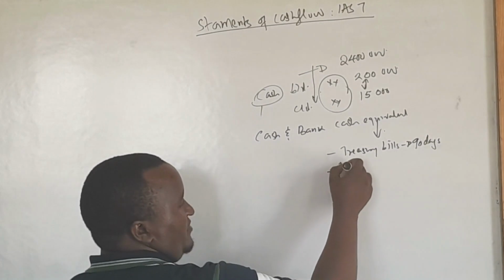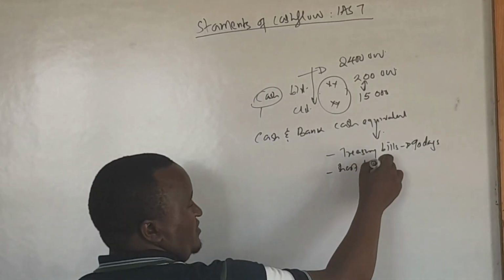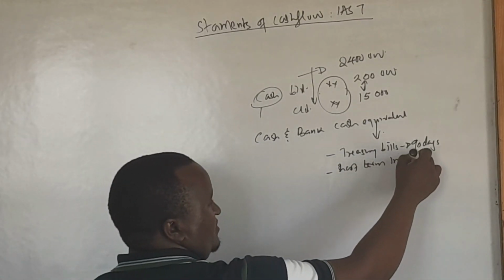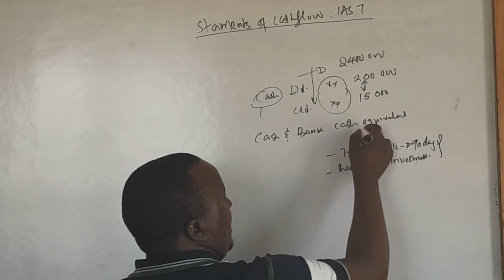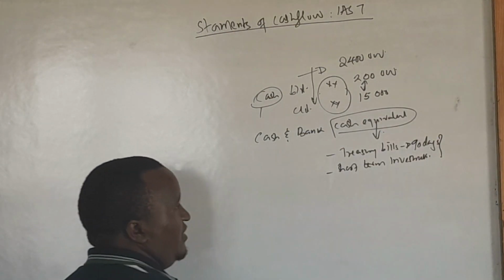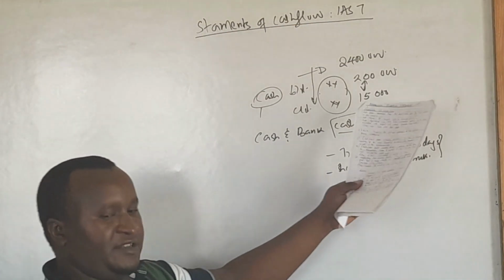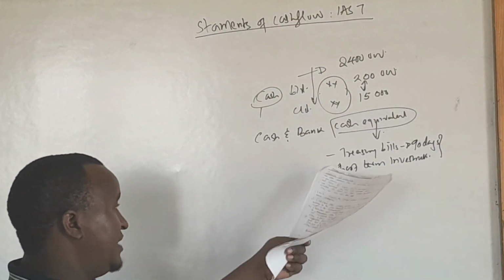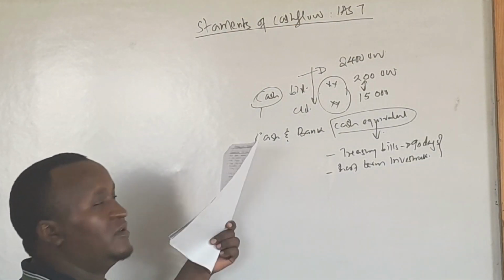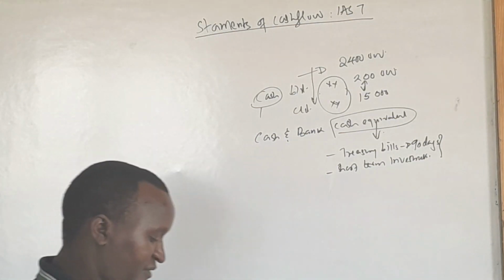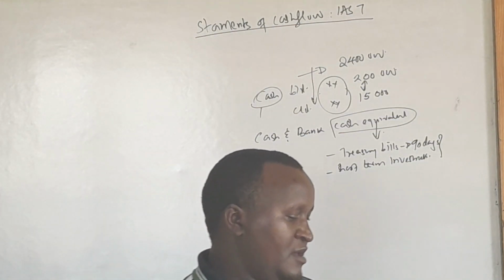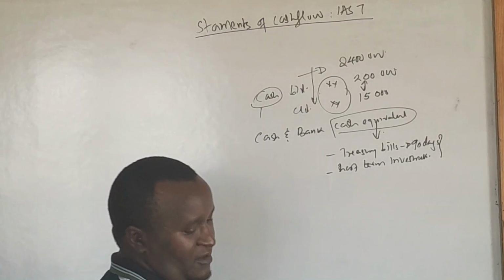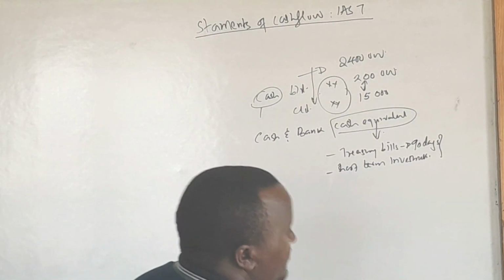This is what we call near cash, because within a period of 3 months you can convert them into cash. So look at the format of the statement of cash flow.